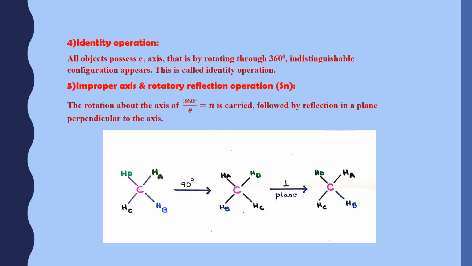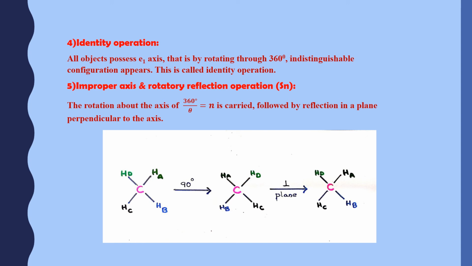A rotation about the axis by 360 degrees by theta, equal to n, is carried out, and this is followed by reflection in a plane perpendicular to the axis.